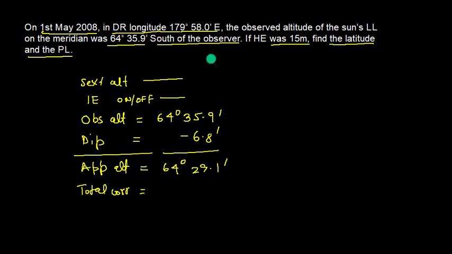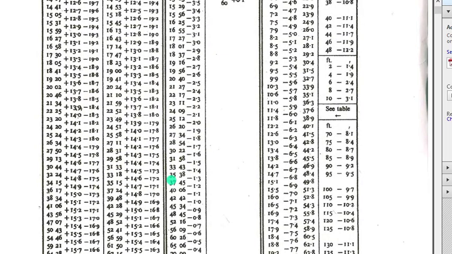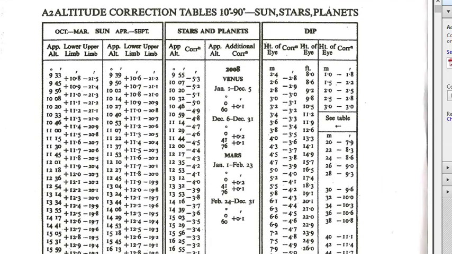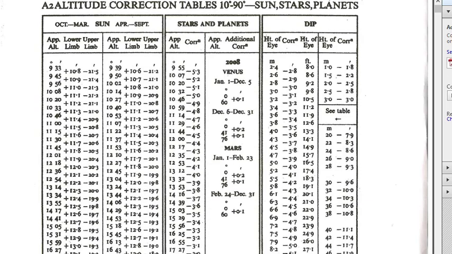Well, total correction is for lower limb. So again I need to go back here. The date is May, so I need to check in the second column, April to September, and the value for 64 degrees 29.1 minutes.